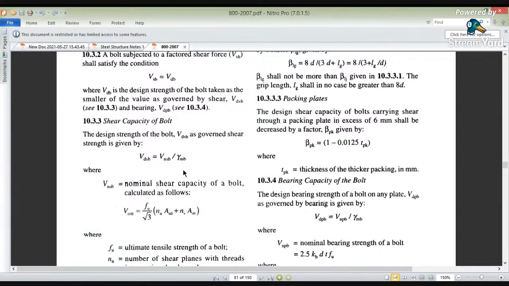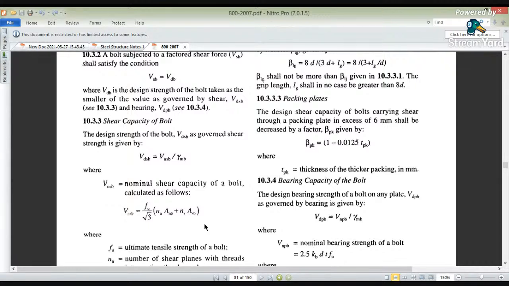Here V_nsb is the nominal shear capacity of a bolt, calculated as V_nsb = (f_u / √3)(n_n A_nb + n_s A_sb).